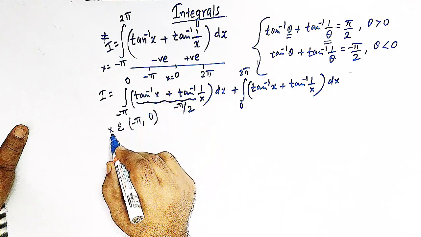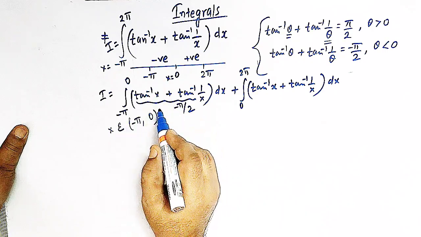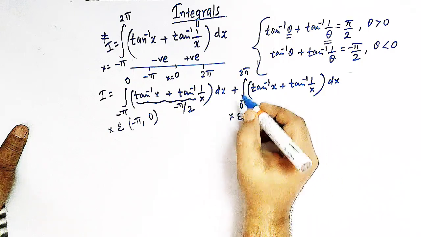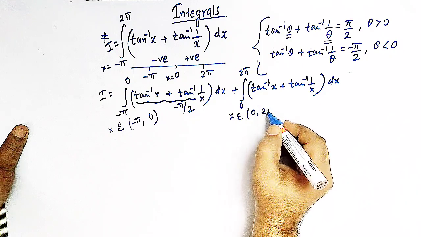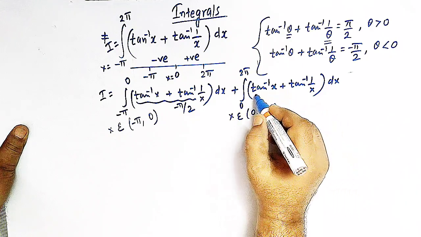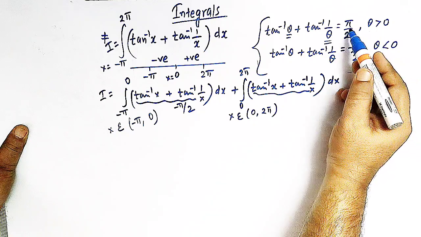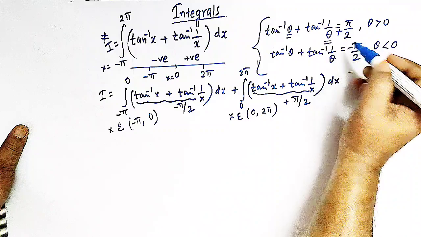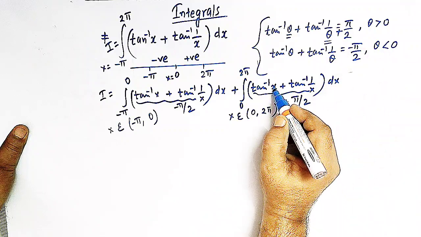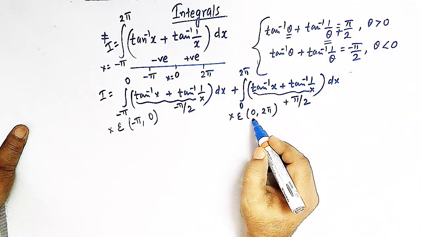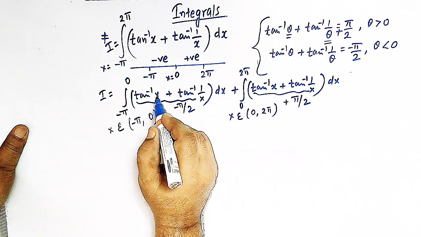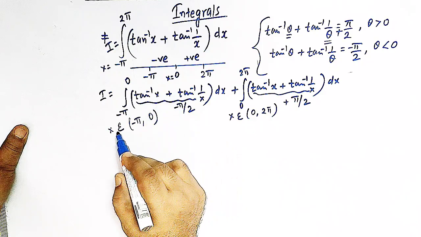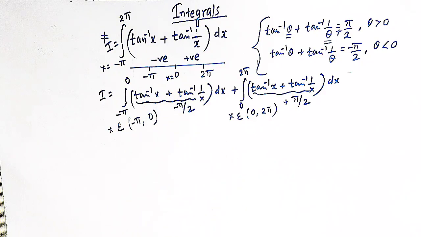It means all the values of x are negative, right? And similarly, when we have x belonging to this interval, that is 0 to 2 pi, then the value of this expression is equal to pi by 2, that is positive pi by 2, because here these x are all positive in the interval 0 to 2 pi, and here all the values of x are negative when x belongs to minus pi to 0.